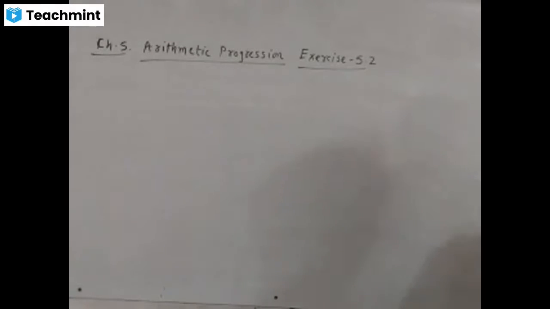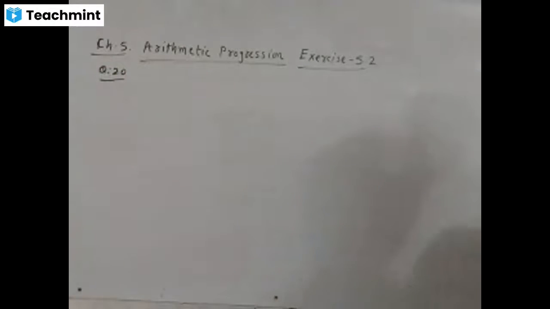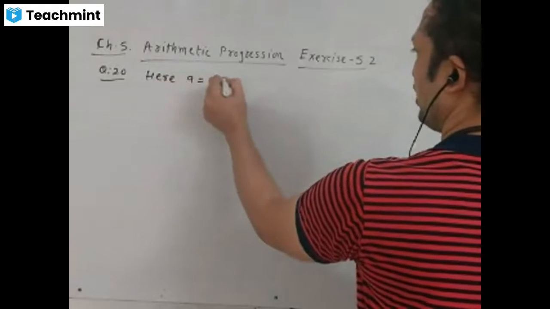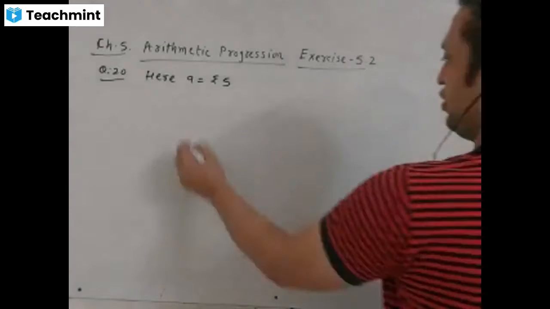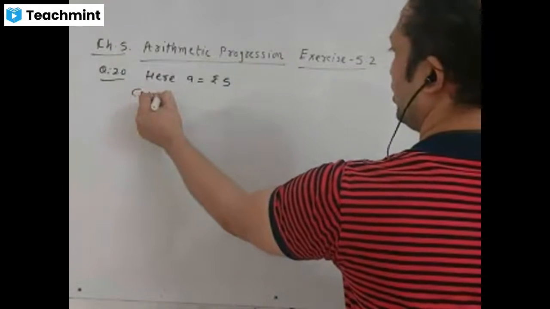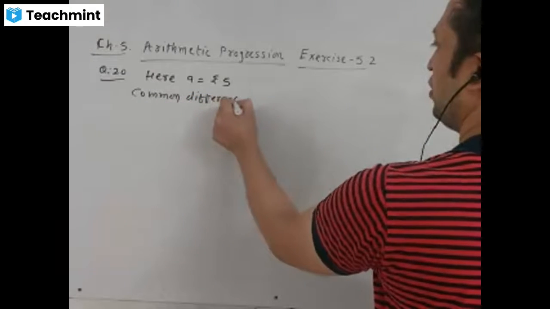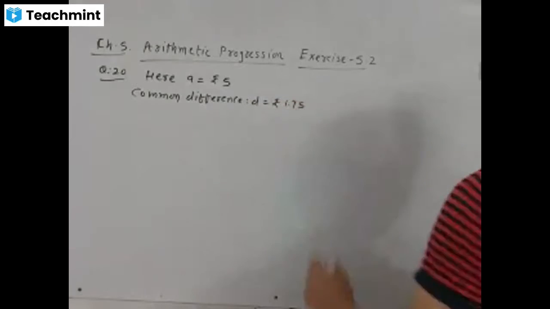Here in question number 20, Ramkali saved rupees 5 in the first week, so A is equal to rupees 5. Then she increases her weekly saving by rupees 1.75, so the common difference D is equal to rupees 1.75.